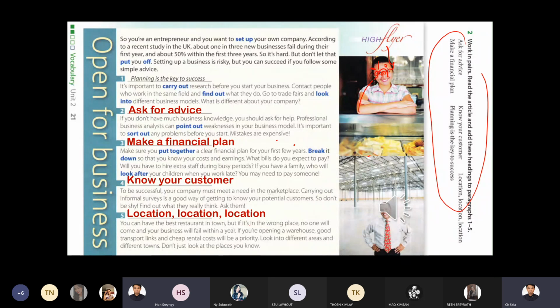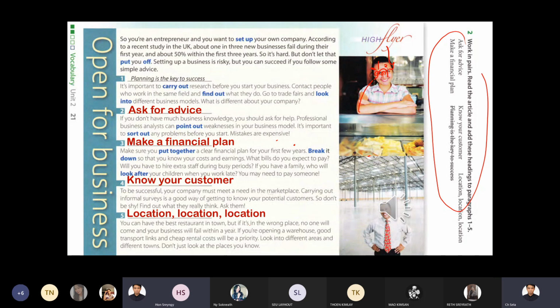So it had, but don't let that hold your arms. Setting up a business is risky, but you can succeed if you follow some simple advice.